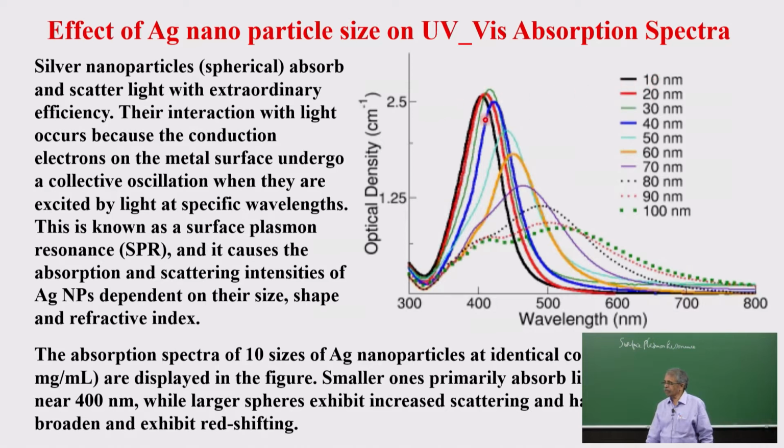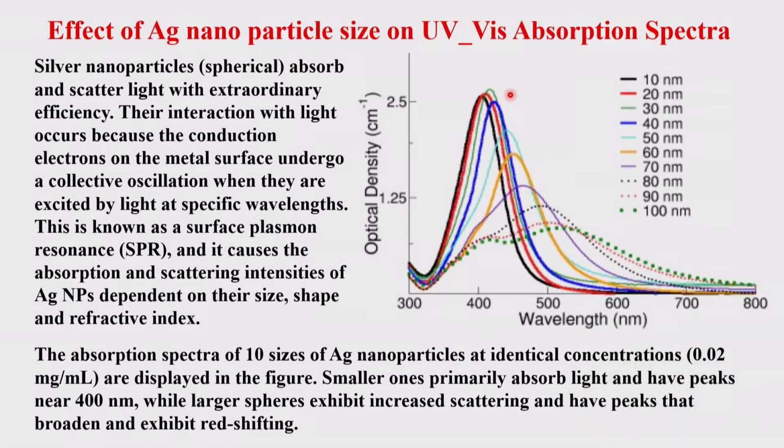The black, which is the starting one, is about 10, then the red one 20, then the green one 30, etc. What is happening? There is not too much of a difference in the optical density or the intensity, but there is a positional shift. And one more, if you see carefully, the width of the band is also increasing.